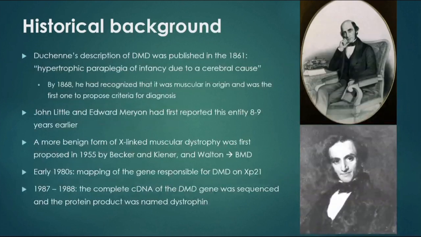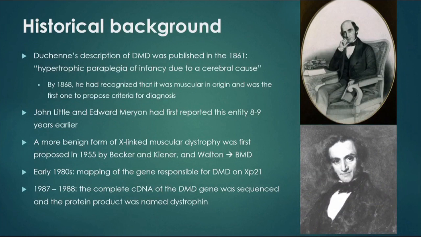Duchenne's first description of this entity was published in 1861 when he called it hypertrophic paraplegia of infancy due to cerebral cause. This highlights many of the characteristic manifestations of this disease, like enlargement of some of the muscles, and paraplegia, which is the predominant weakness or disproportionate weakness of legs compared to the arms.